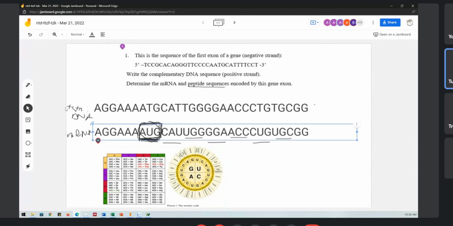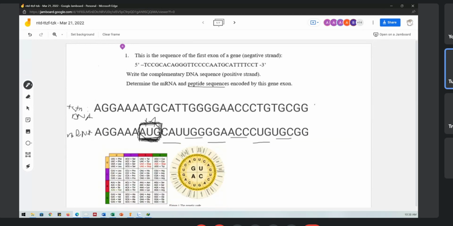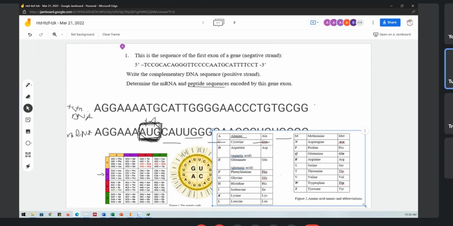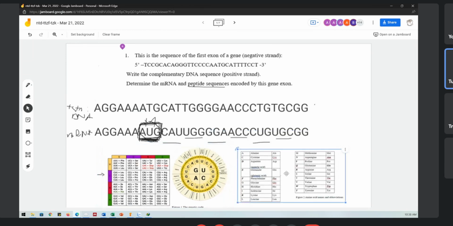So for example, you have here AUG. AUG is methionine here, and you have M. Okay, next one CAU. You look here, C here, A here, and U here, histidine. Okay, and to know the abbreviation, we also have the table down here, let me press here. So we have two tables, one for codon and one for abbreviation.